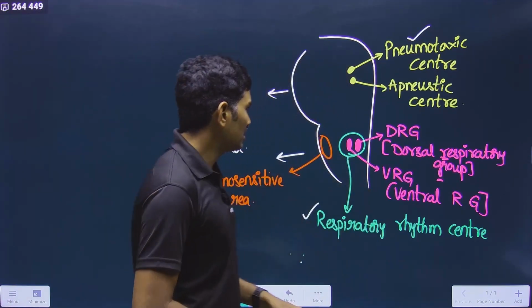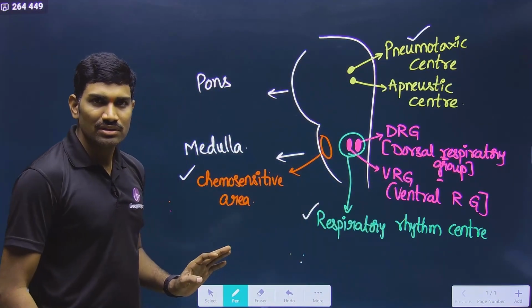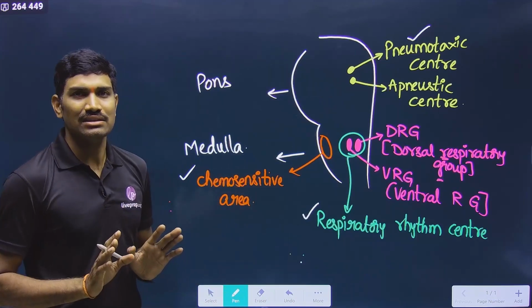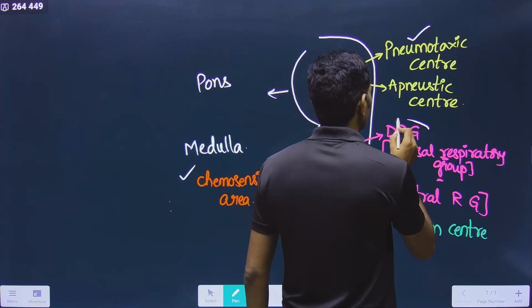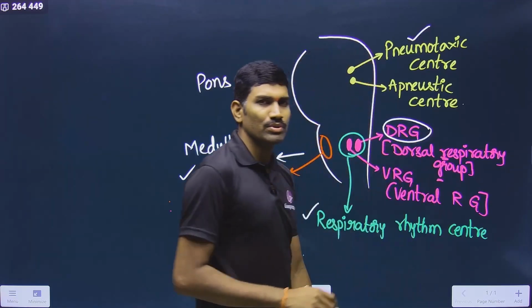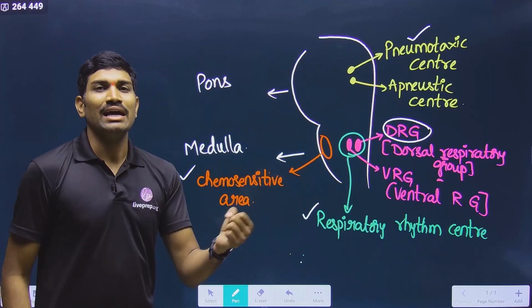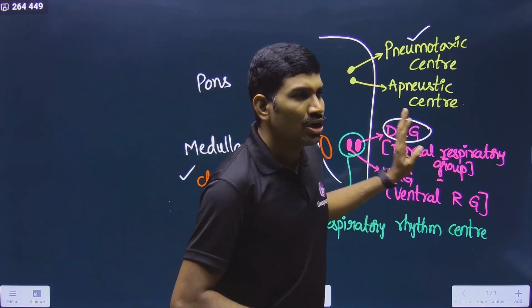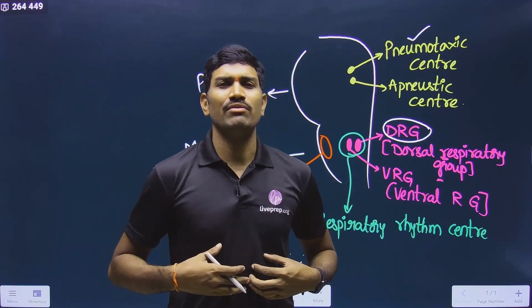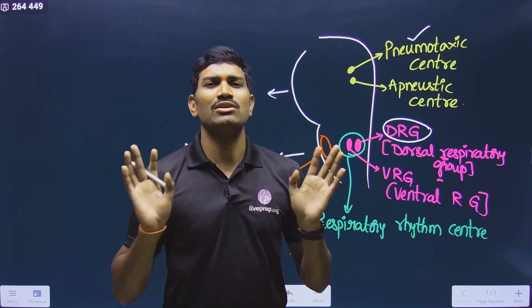Now I will tell you the functions of these and interlink them with the NCERT content. Very simple things. First we need to see the function of the dorsal respiratory group. These are groups of neurons controlling some breathing activities. The dorsal respiratory group is involved in normal breathing control.